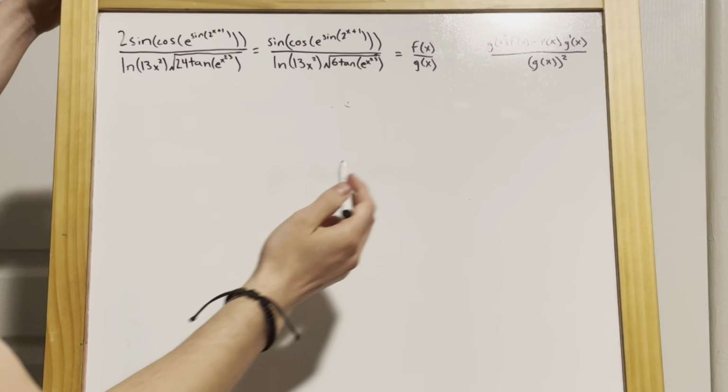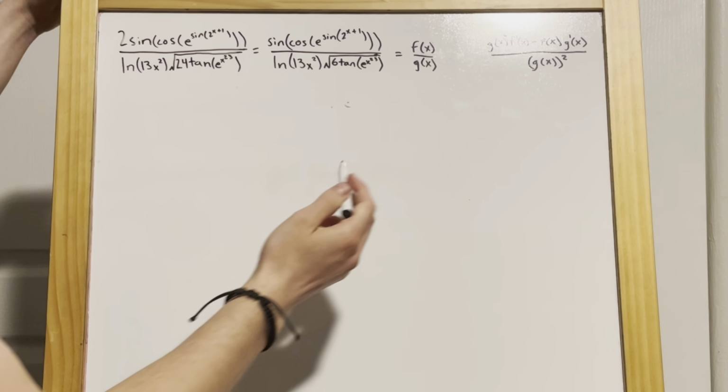Hopefully you know what product rule is. It's the same thing as quotient rule without the bottom, and the minus is a plus. So we'll have this function the same, natural log 13x squared, times the derivative of this one. The derivative of root x is 1 over 2 root x.